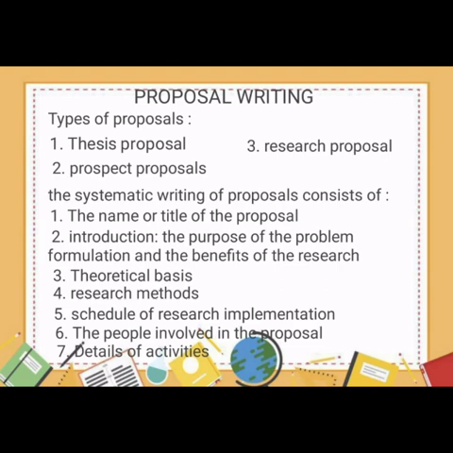Next, proposal writing. Types of proposal: 1. Thesis proposal. 2. Prospect proposal. 3. Research proposal. The systematic writing of a proposal consists of 1. The name or title of the proposal. 2. Introduction, the purpose of the problem formulation, and the benefit of the research. 3.